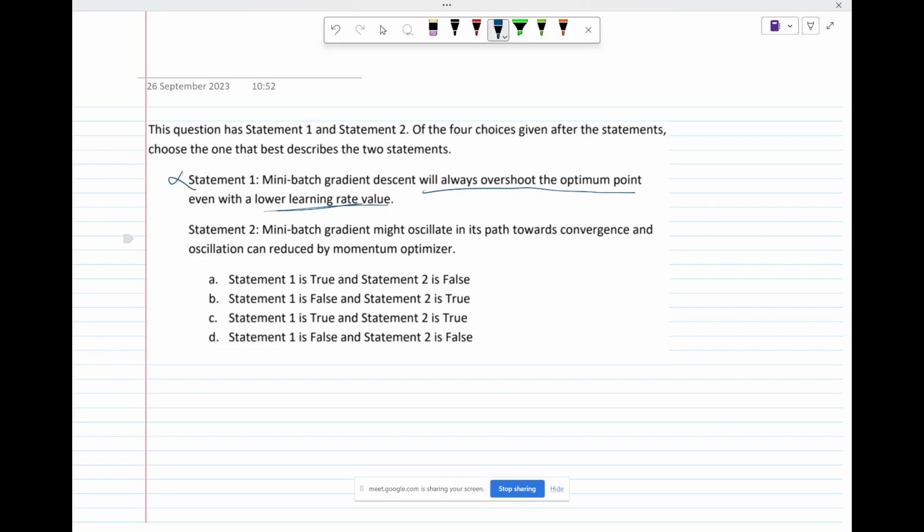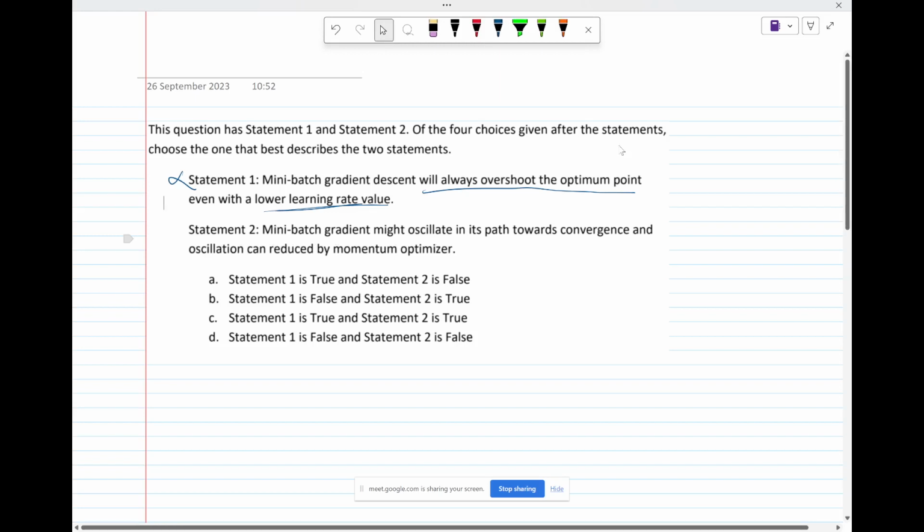Now let's look at statement 2. Mini batch gradient descent might oscillate in its path towards convergence and oscillation can be reduced by momentum optimizer. So definitely mini batch gradient descent might oscillate.